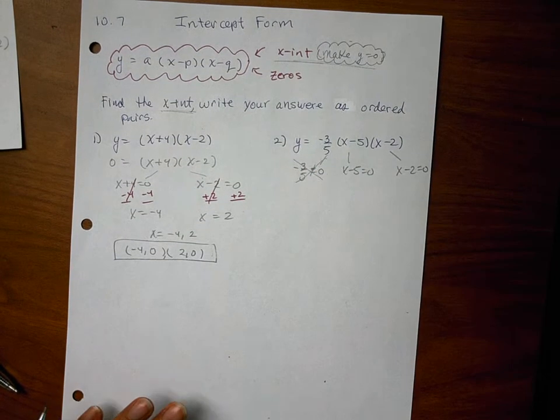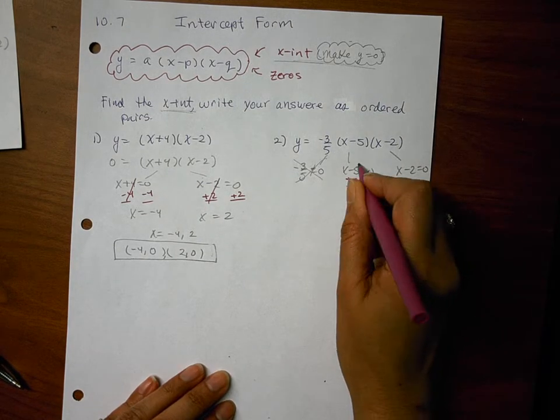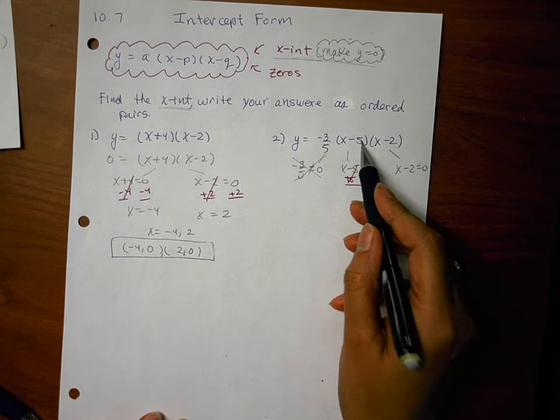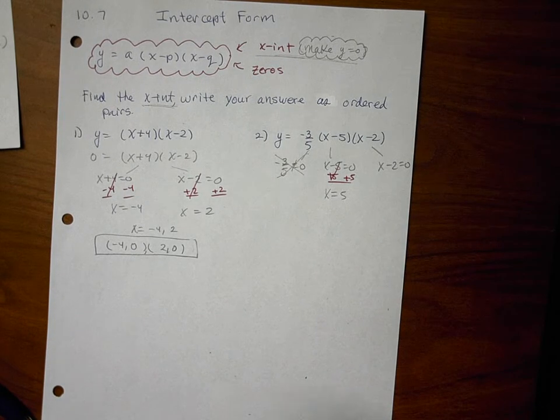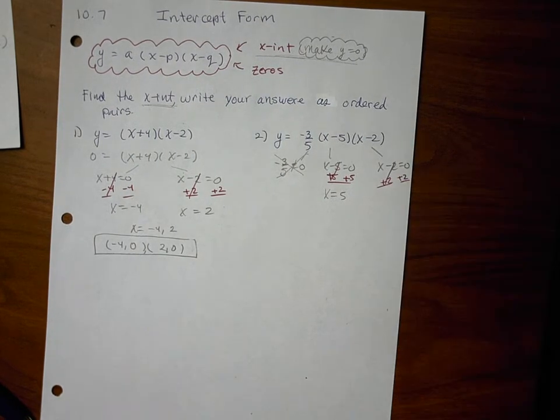So that's not really going to have any impact on my answer. X minus 5 could. I'm going to add the 5, and that gives me 5, and that makes sense because 5 minus 5 would be 0, so x equals 5. Over here I'm going to add the 2. X equals 2.